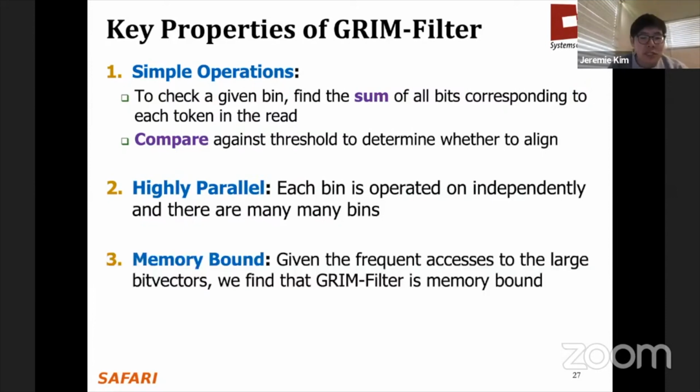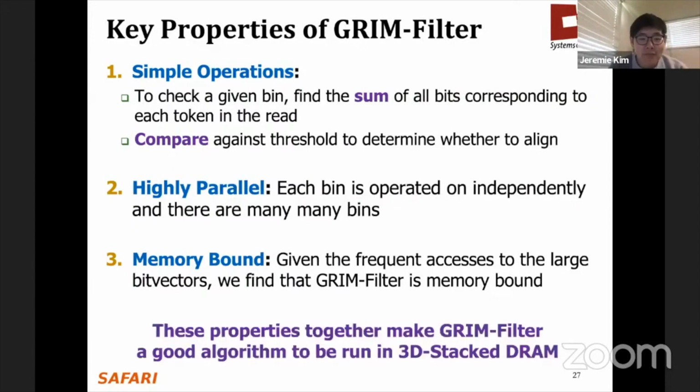It's also memory bound, because we have to access the large bit vectors very frequently to calculate the potential existence. We find these three properties together make GRIMFilter a good algorithm to run in 3D stacked DRAM, which has high throughput and lets you operate on things in parallel inside the logic layer.